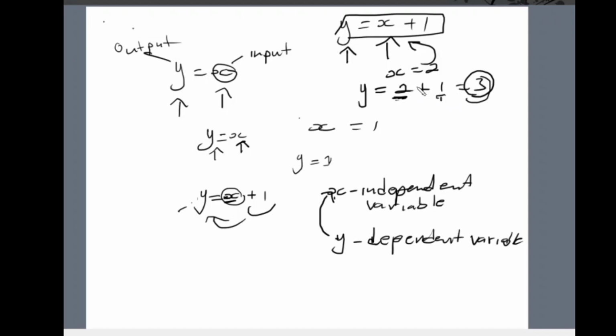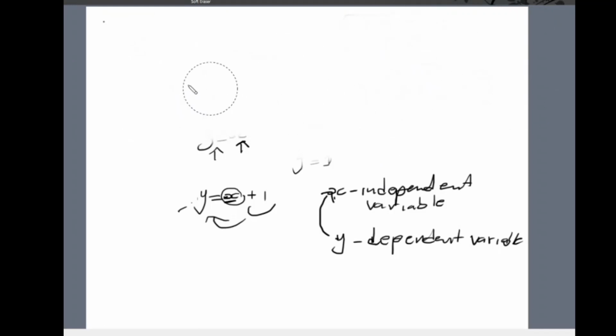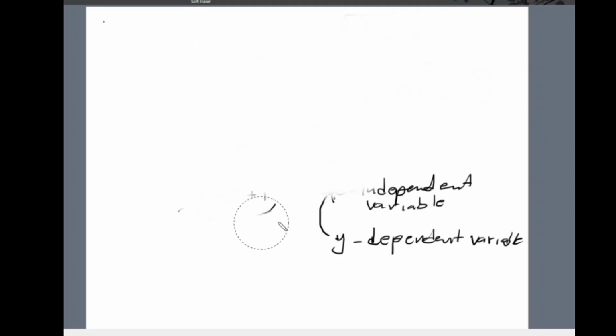So now when you think of a visualization of a function, you can think of it as a set of ordered pairs, right? Ordered pairs of your independent and your dependent variables, right?